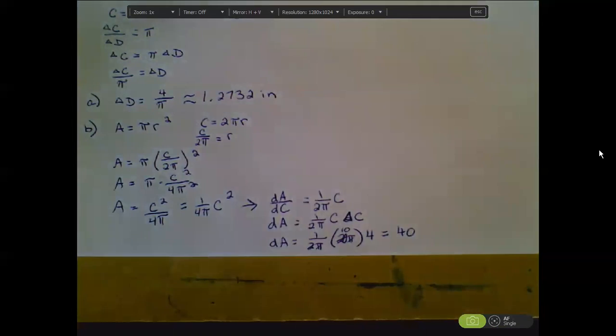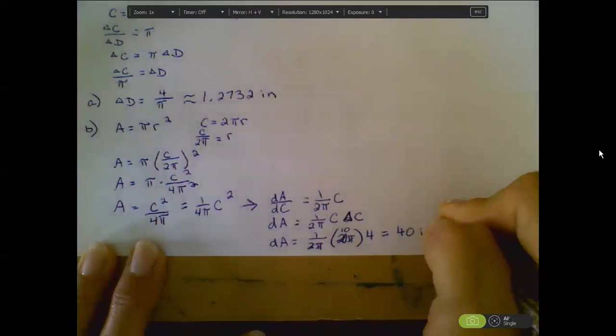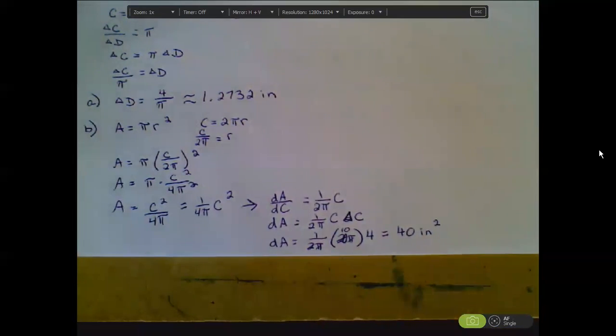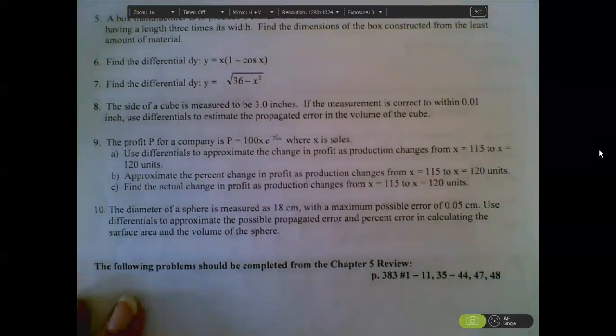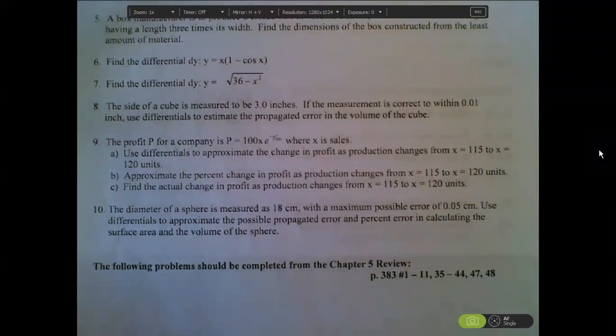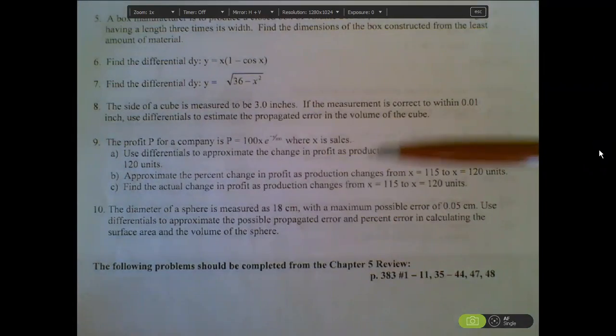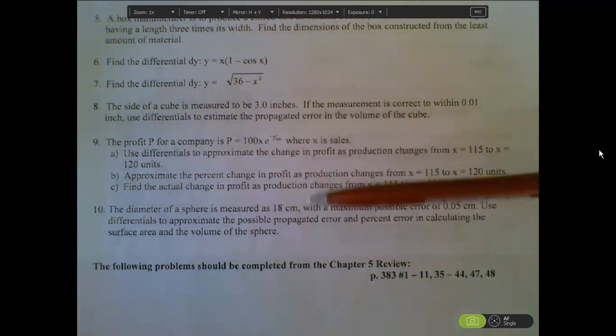And since that's a change in area, it's inches squared. Miss McKenzie, that is a lot like the 3 problems on the momentum practice test that involve differentials, numbers 8, 9, and 10.